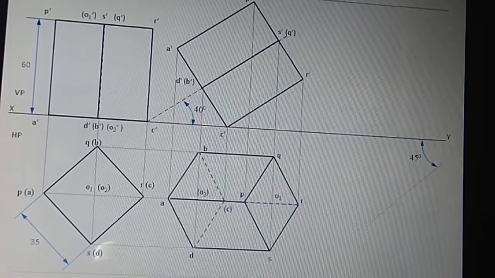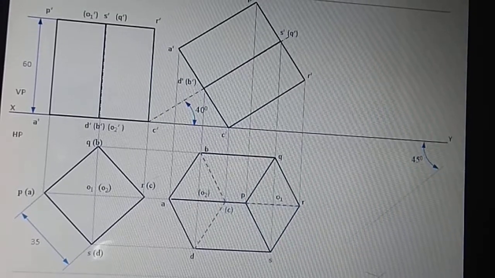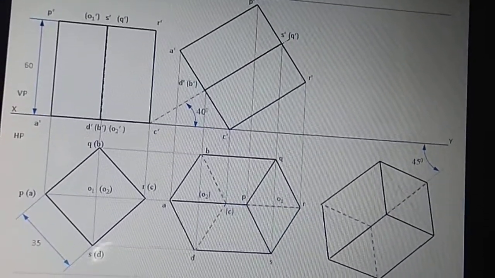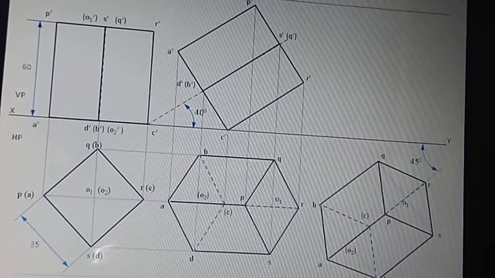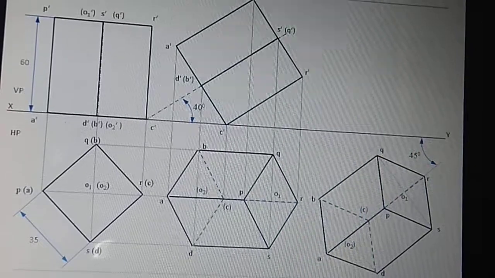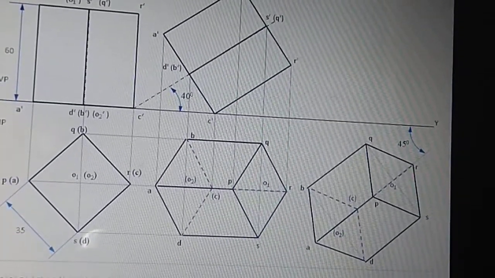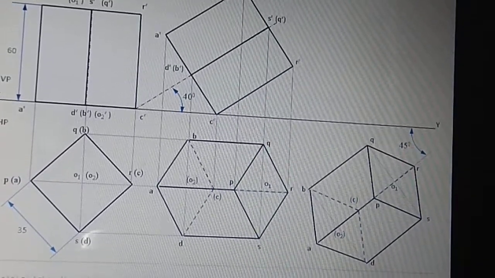So first we consider that O1 and O2 are on the 45 degree line. With respect to that O1 and O2, we are going to move that whole object in the second position top view at an angle of 45 degrees, and name each and every corner in the second position as it is.